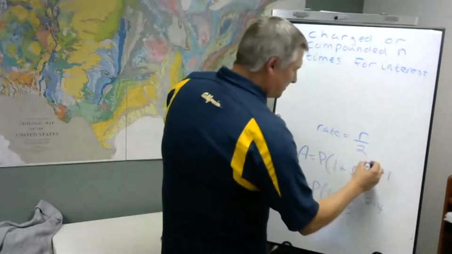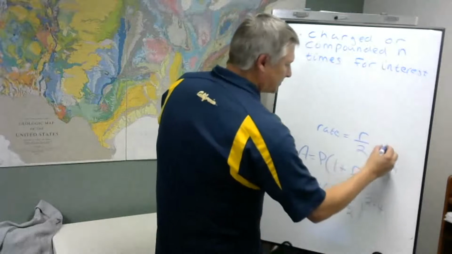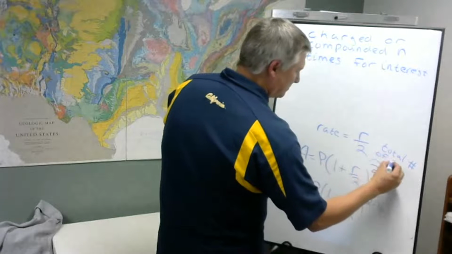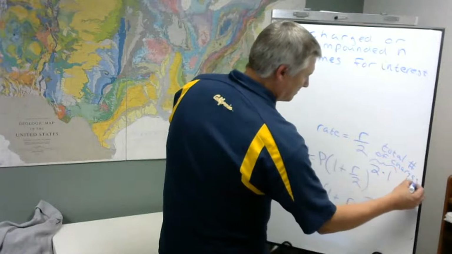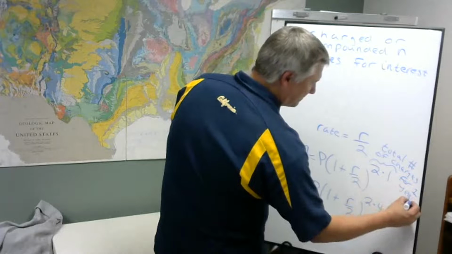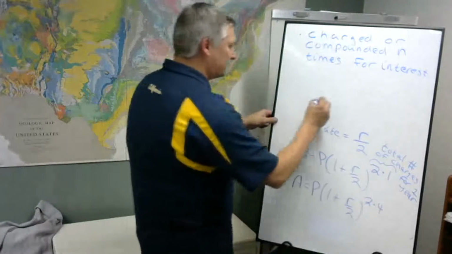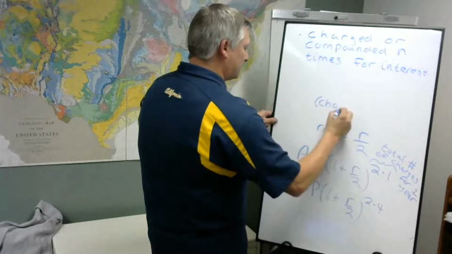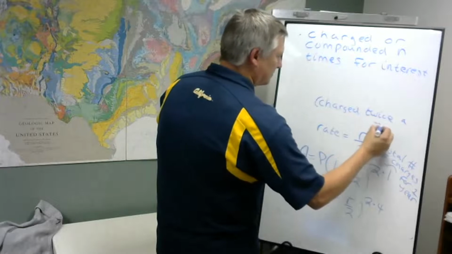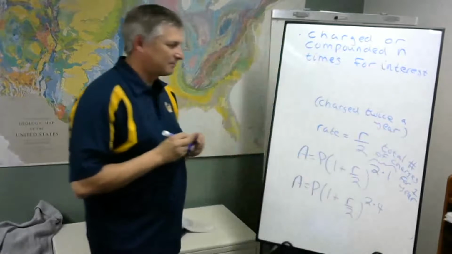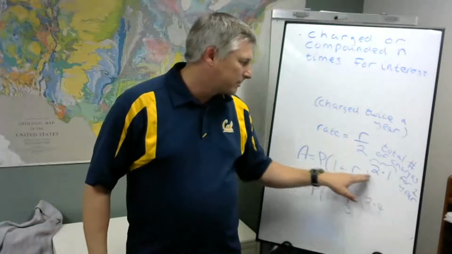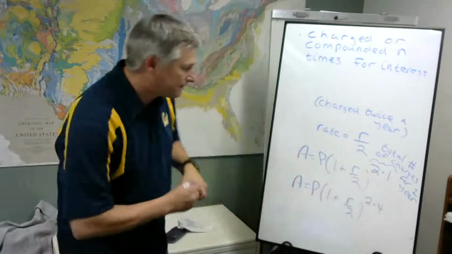So for your notes, let me just put this in. The total charges. So this would be the total number of charges for 1 year. And this is if you're being charged twice a year. So if you're being charged twice a year, this is your interest rate, and the total number of charges for 1 year is 2 times 1.